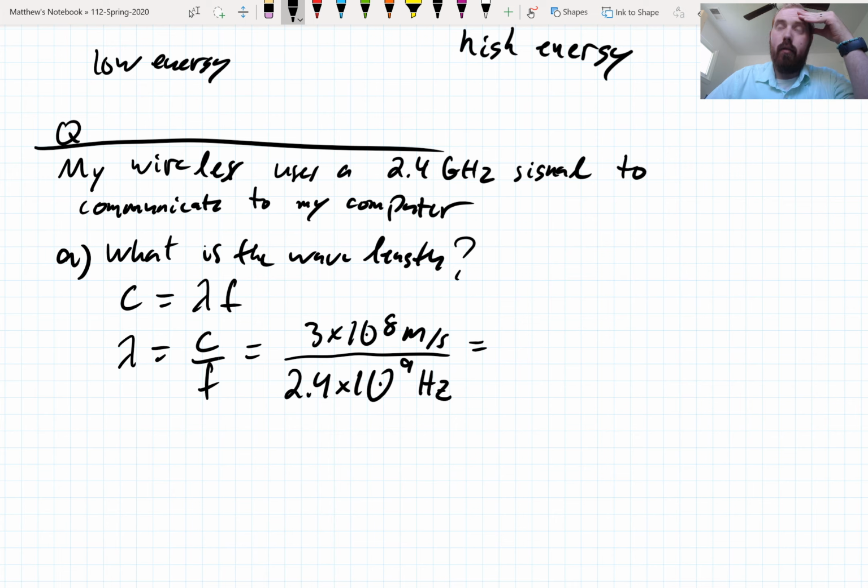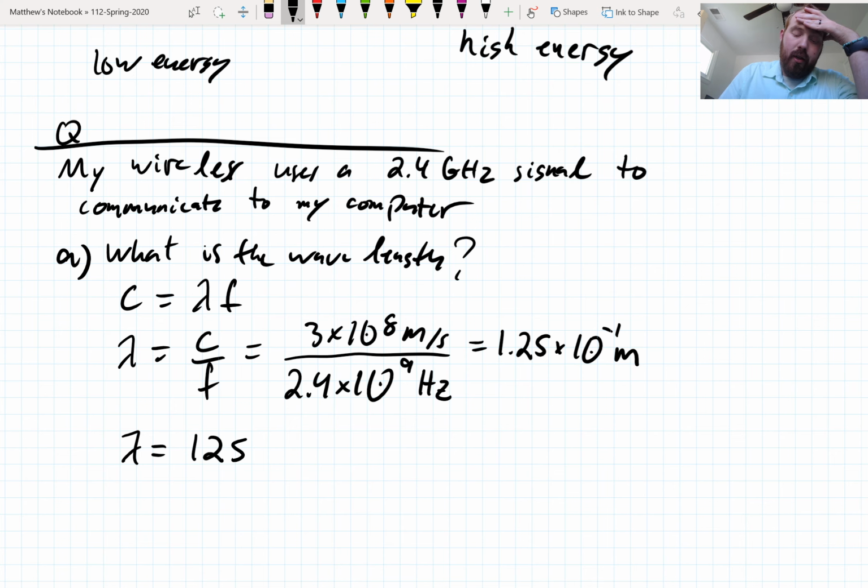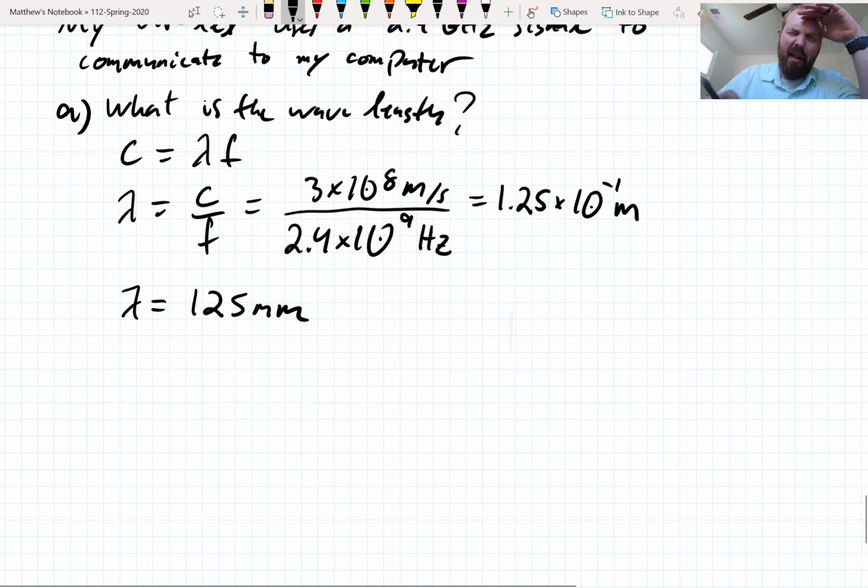And I'll find that this is a wavelength of 1.25 times 10 to the minus 1 meters. Converting that into more appropriate units, I'll say that is 125 millimeters. Devastating wavelength. Not really.